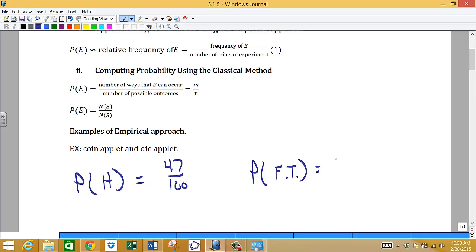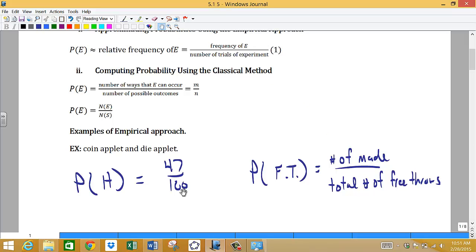So the total number of free throws that he's made, divided by the total number of trials, or the total number of free throws he's ever taken. So we'll say total number of free throws ever. Okay, and so that would give us a probability here.